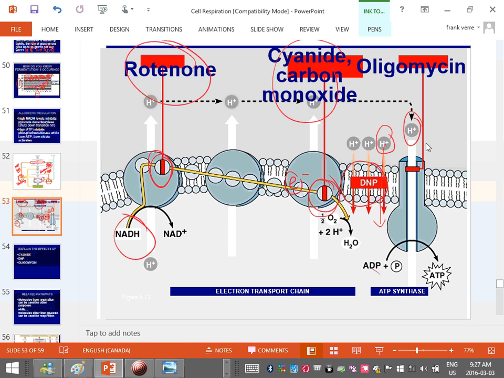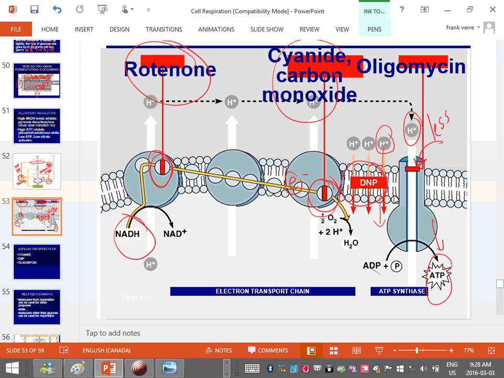Right. So we know that as these protons go through ATP synthase, you make ATP. So it's very simple logic. If they can start leaking through the membrane, that means less will go through here, which means you make less ATP. Okay? Very simple logic.